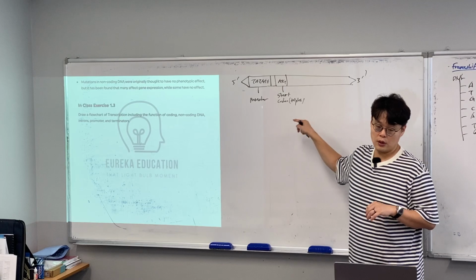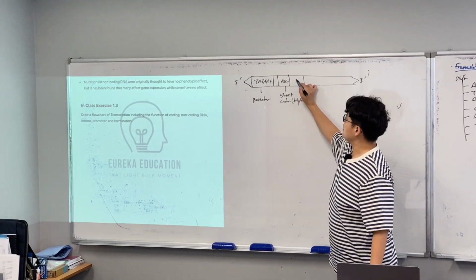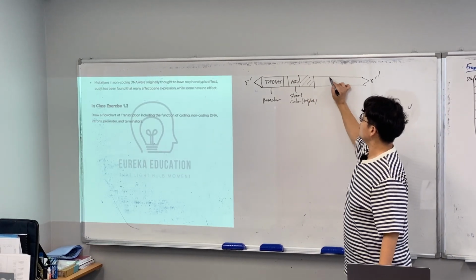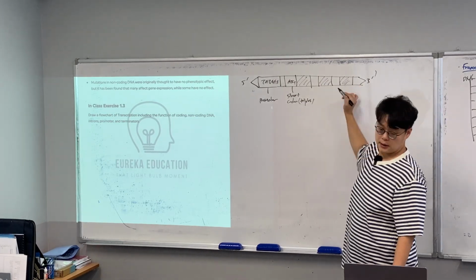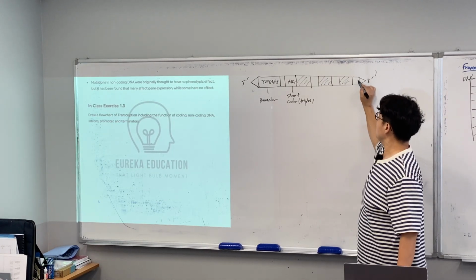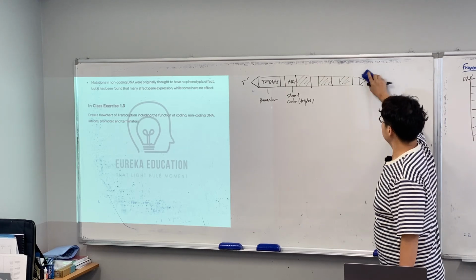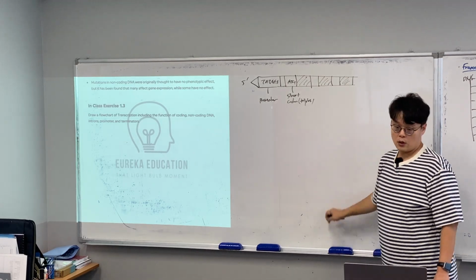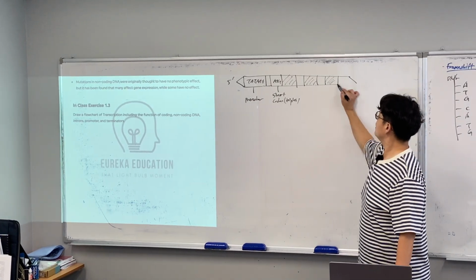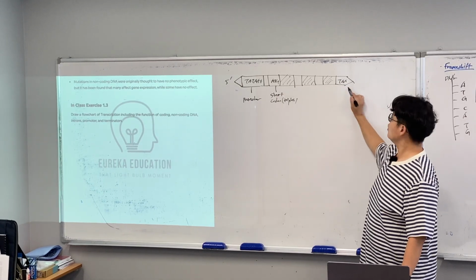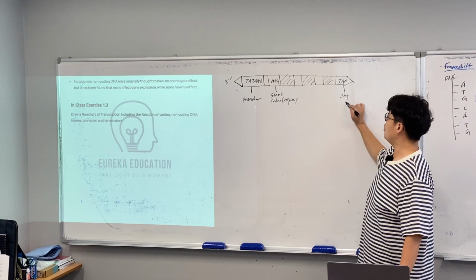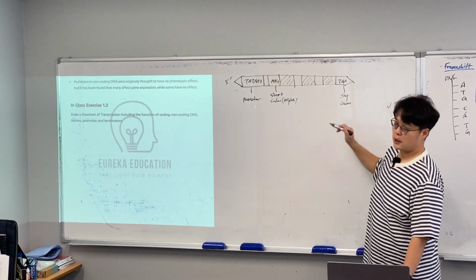That's got to initiate that too. Now inside of this DNA, we have shaded regions and empty regions, shaded and empty like this. And we finish with another bit of space, another TAA, which I would call a stop codon, with the 3' end.